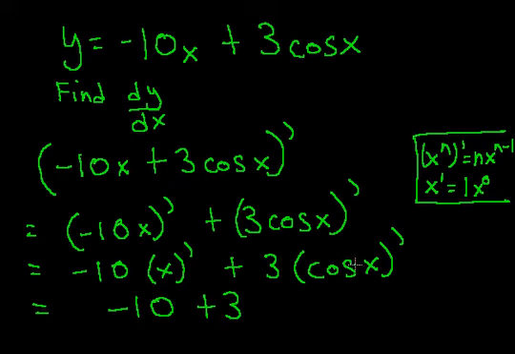plus, and then we have 3, which is outside. The derivative of cosine of x is negative sine of x, so this is multiplied by negative sine of x. And how do I know that? I know that from the list of trig derivatives I showed you before. So this is basically the answer, but I can write this as negative 10 plus, sorry, hold on, not plus, but minus.